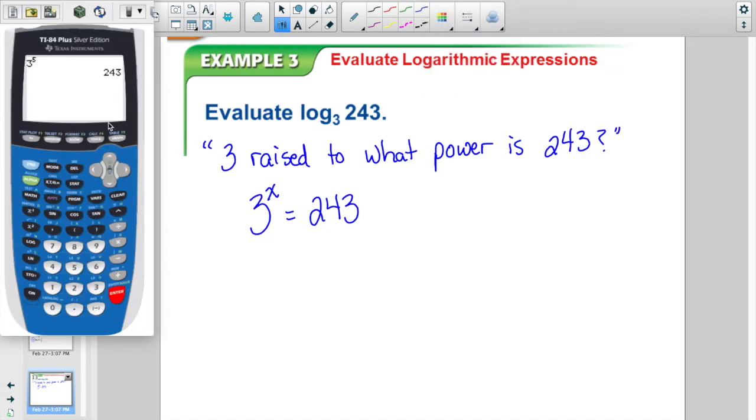And then you can try different things on your calculator, and you see you get 3 to the 5th power. So my answer would be 5. Log base 3 of 243 equals 5, because 3 to the 5th power equals 243. So this is the question you want to ask yourself when you're asked to evaluate a logarithm.